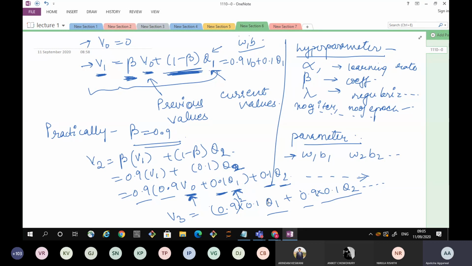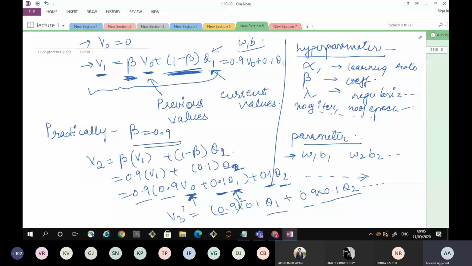So that is why exponential. Okay. So first of all, smoothing is basically averaging. Averaging means we are taking the sum of all the previous values of the parameters, that is theta 1, theta 2. For theta 3, we will take theta 1, theta 2 and theta 3, all the thetas. And for theta 2, we'll take theta 1 and theta 2, and so on. So this way it keeps on increasing. So that is the smoothing.